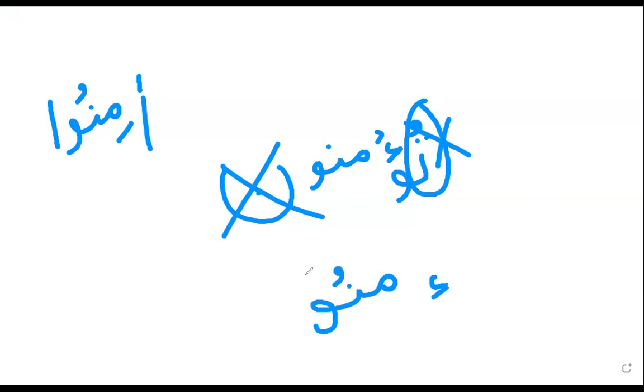What is the part of this word that was missing in fail mudari? What is the part of this family that gets dropped in fail mudari? Hamza. Very good job. Hamza, Hamzatul Qata, is seen in the first form.